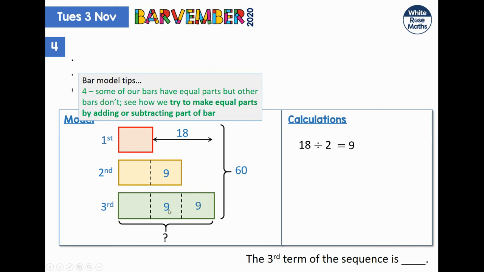Now, we now have 3 equal parts, which are 9, but we also now have 3 other equal parts here. So the first thing we're going to do is we're going to get rid of these 3 9s and see what we're going to do with our equal parts that remain.